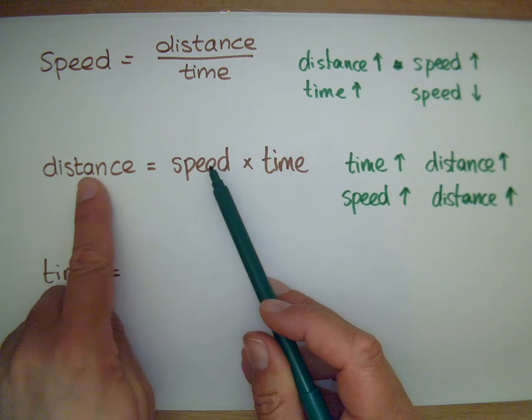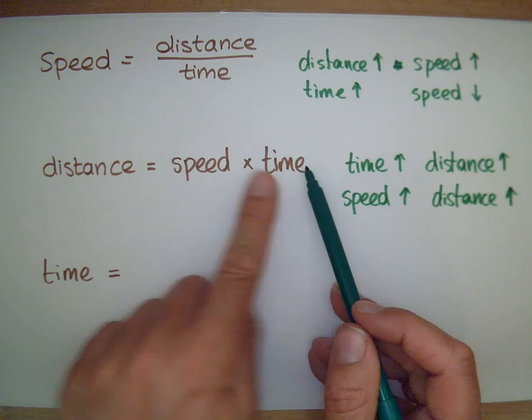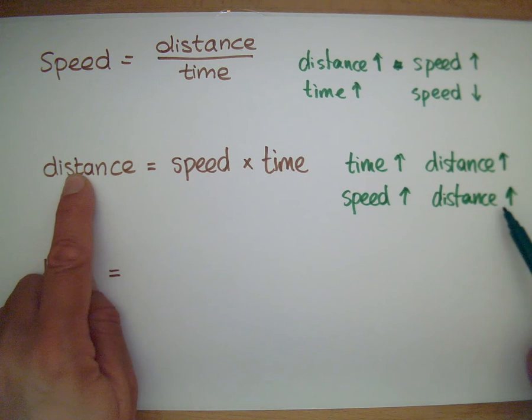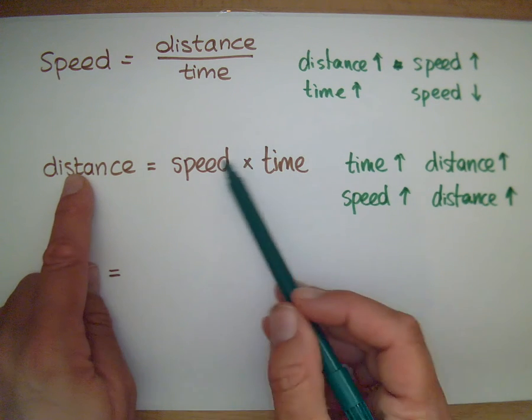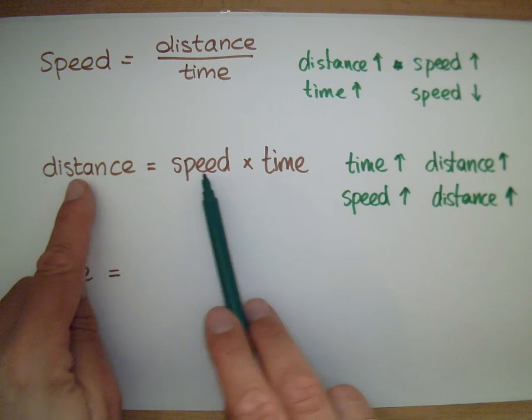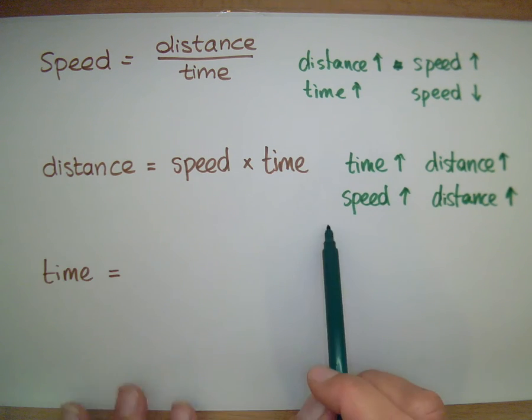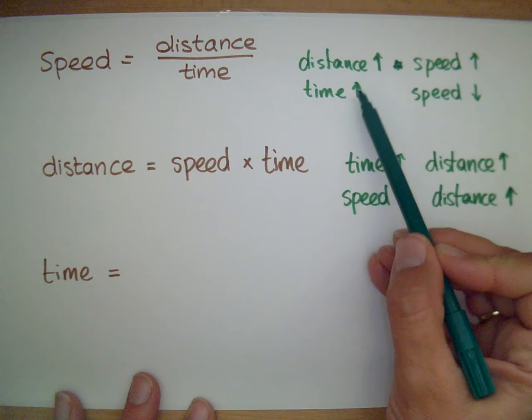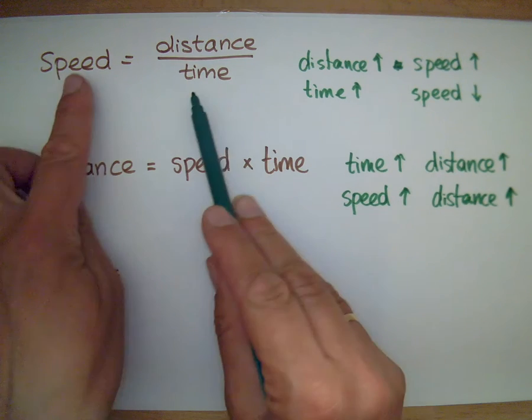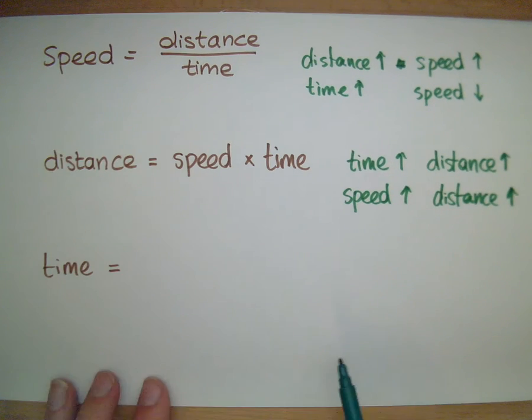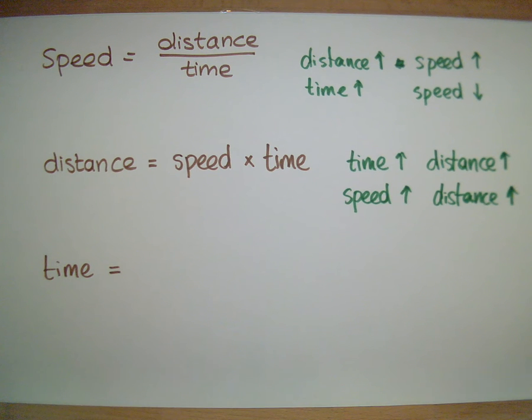Speed goes up, distance goes up. If time goes up, distance also goes up, right? These are directly proportional. Speed and distance, time and distance. Okay. Whereas here, time and speed were indirectly proportional. You don't need to remember those words right now, unless you want to.